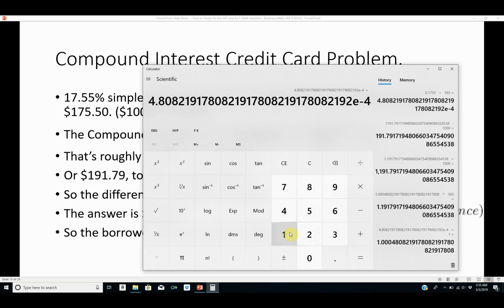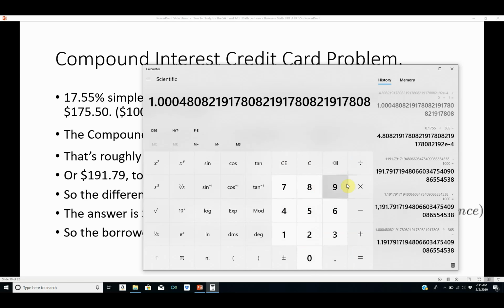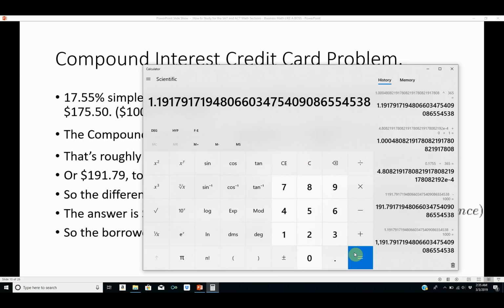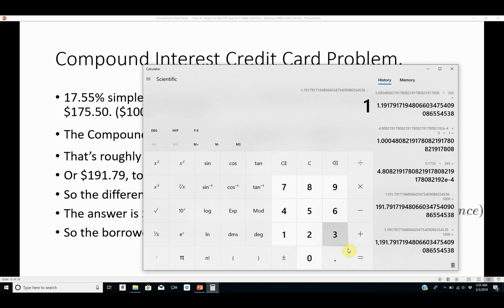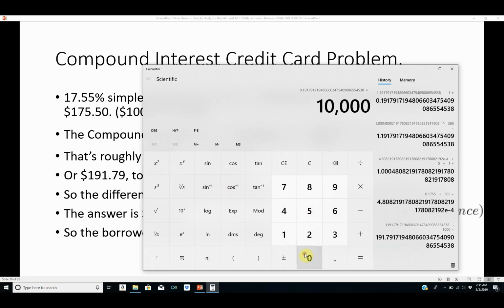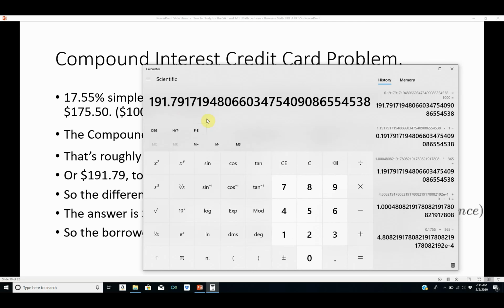Okay, now we need to add in the original principal, which is, we're going to clear that, plus 1 is 1.0 and then we're going to take that to the 365th power, and we get that. So then we're going to subtract 1 to get rid of the original principal, and then we're going to multiply that times $1,000. Whoops, not 10,000, 1,000.